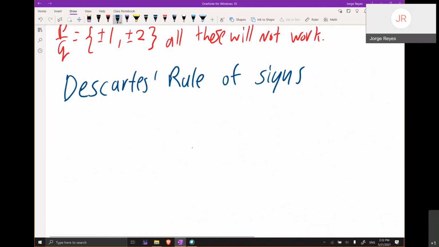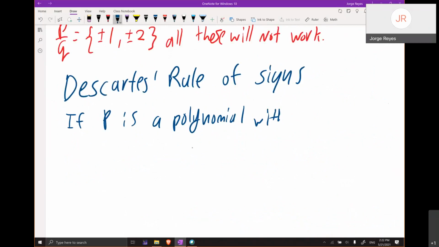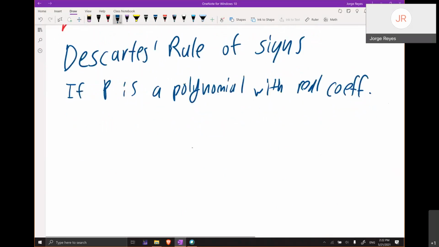Okay, so we need a polynomial, okay, with real coefficients, which is going to be what we deal with all the time. So it always works, okay? So a polynomial with real coefficients. So okay, here is the rule.